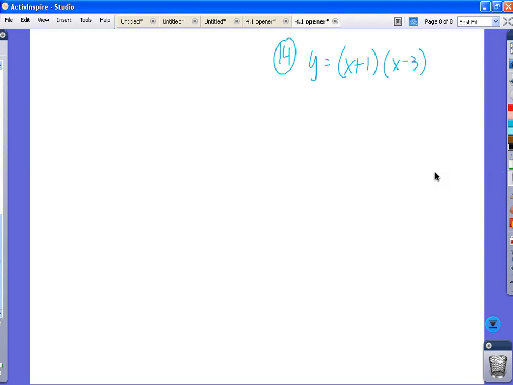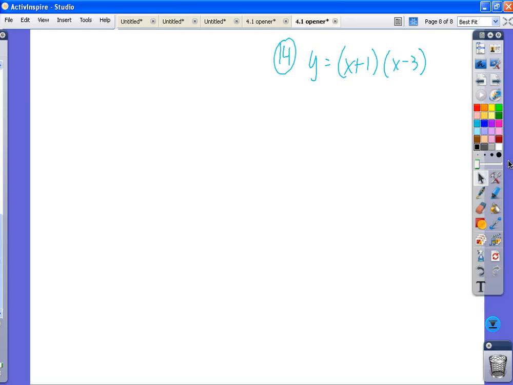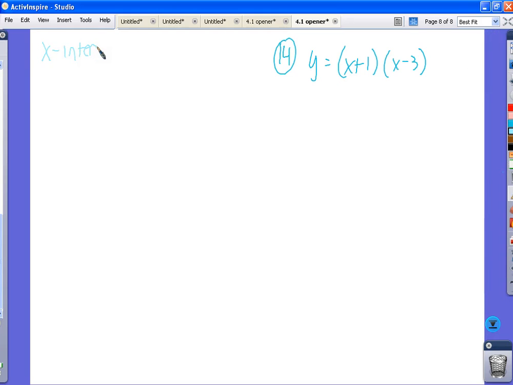We're going to graph this guy, and I'm going to help you to see why. Why is it called intercept form? To be more accurate, we should probably call it x-intercept form. We're talking about x-intercepts. If you remember what those are, that's great. If not, we'll talk about them again.